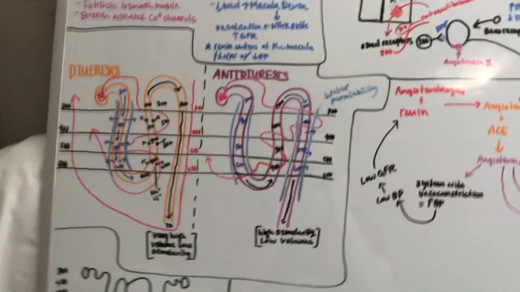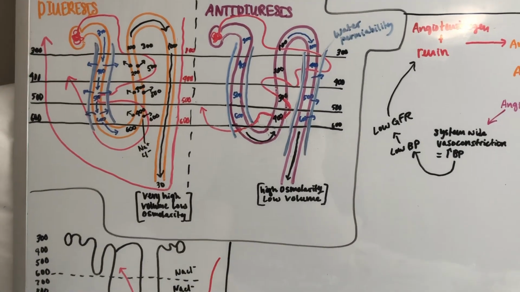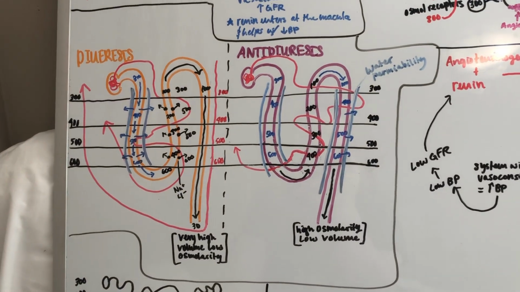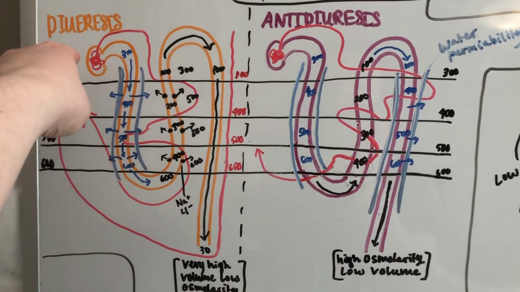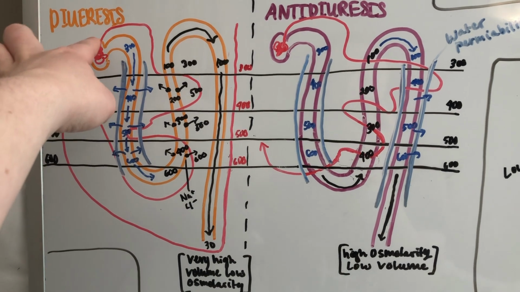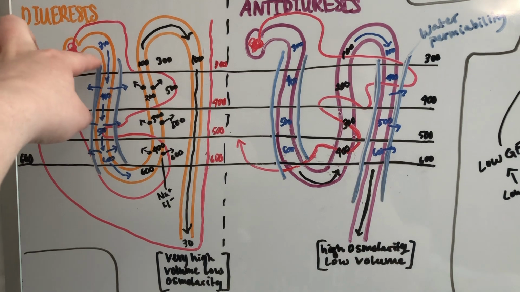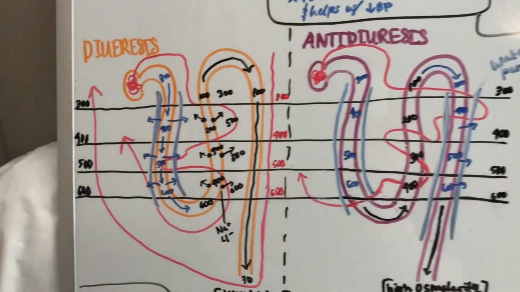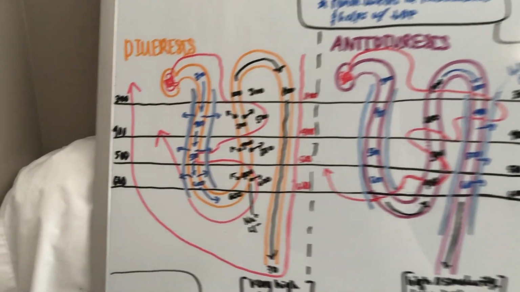So in order to understand a lot of this, we have diuresis and antidiuresis, and we have different levels. So as our solution is coming through the glomerulus, it comes down and we start at the level of 300, and where these blue lines are marked out, that means it's water permeable.